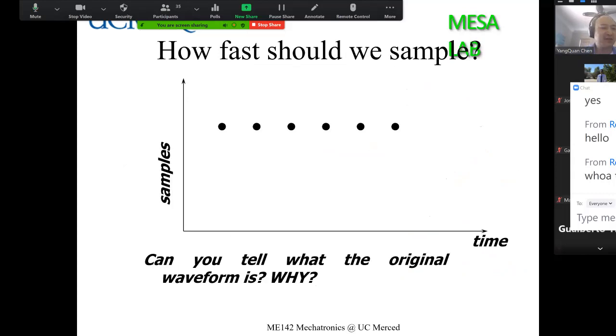So let's visually see the consequence. These are the sampling points you have. So you may feel like, what's the original system? We are trying to infer or reconstruct the original continuous time signal, given the discrete time signal.